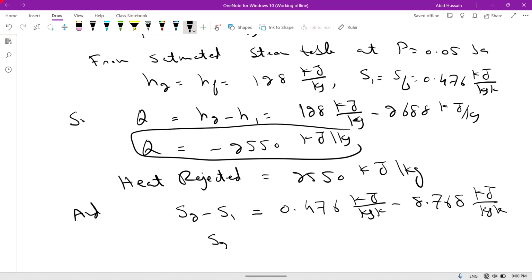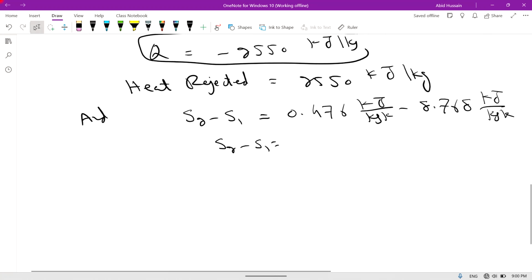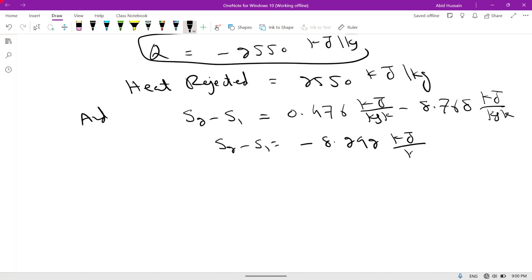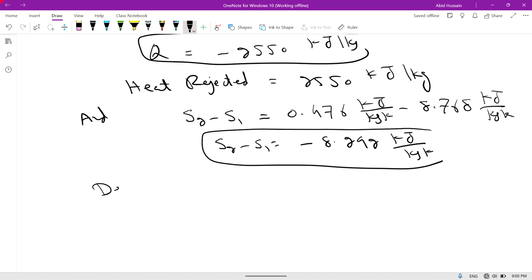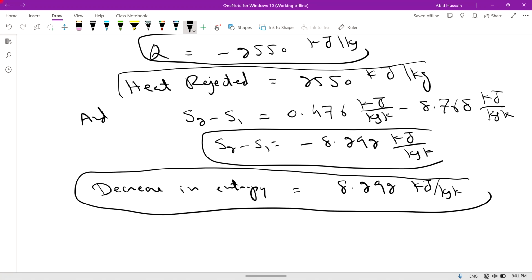So S2 minus S1 is equal to minus 8.292 kilojoule per kilogram per Kelvin. The negative sign means a decrease in entropy equal to 8.292 kilojoule per kilogram per Kelvin. And hence problem 4.2 is completed.